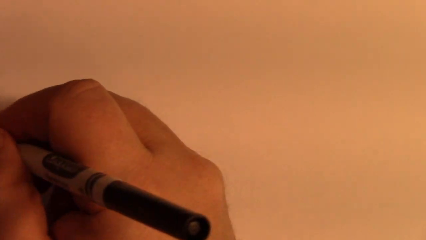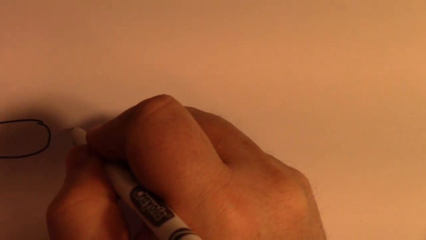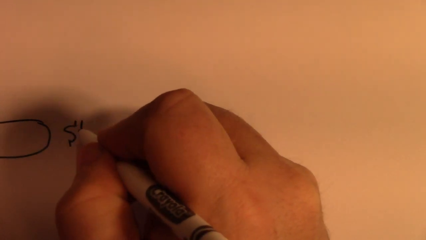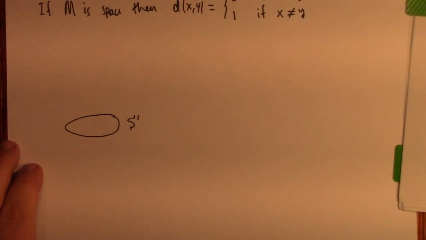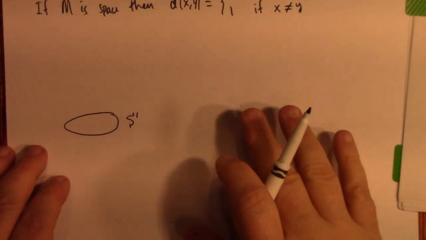Now I think I can draw a picture of what I was just talking about. Let's suppose this is my unit circle. That was supposed to be a unit circle. All right, let me zoom out a bit. I'm not a good cameraman. That's a horrible circle.